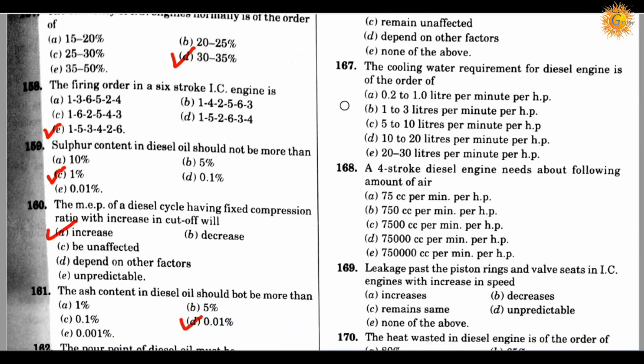Question number 167. The cooling water requirement for diesel engine is of the order of: option A 0.2 to 1 liter per minute per horsepower, option B 1 to 3 liters per minute per horsepower, option C 5 to 10 liters per minute per horsepower, option D 10 to 20 liters per minute per horsepower, and option E 20 to 30 liters per minute per horsepower.